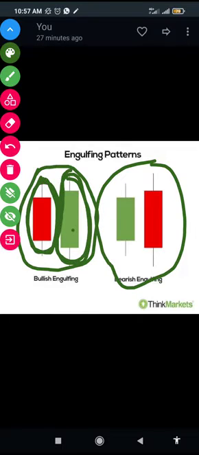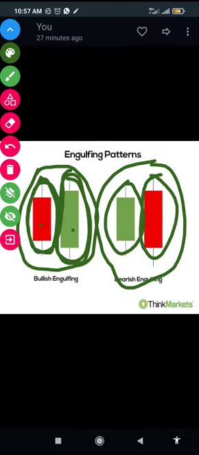This one engulfed this one. This is a bullish engulfing candlestick. Then on the bearish one, you can see that this one is smaller, then this one is bigger. Then you can see that this one swallowed this one. These are engulfing candlesticks.